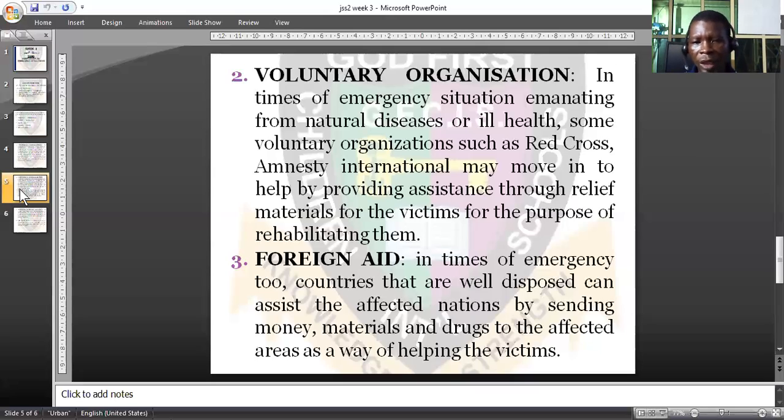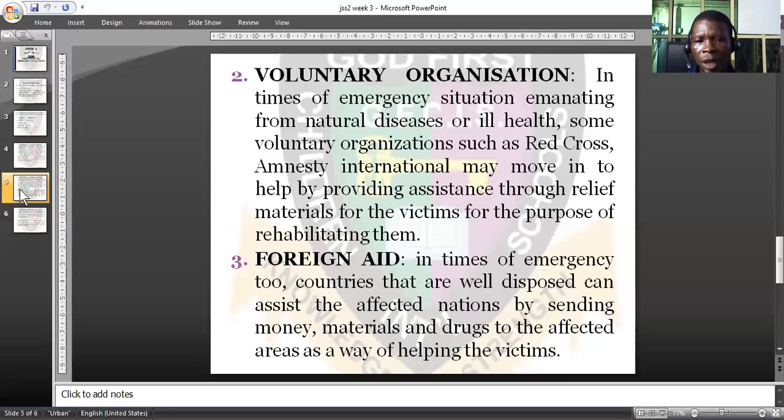Countries like USA, United Kingdom, France, Germany, Italy, China, and some other well advanced countries can provide assistance to the affected nations by sending money to them. They can send materials. They can equally send drugs to the affected areas as a way of helping the victims.